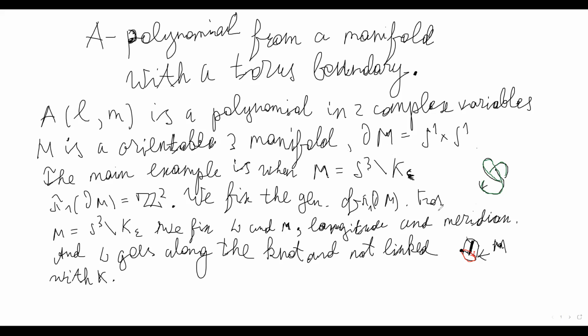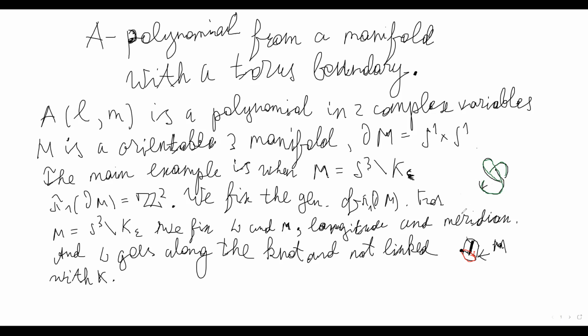And why can we do this when we have a complement to a non-oriented knot? Because we can say, look, the manifold is oriented. Then the boundary is also oriented, because of the external normal. So this boundary torus is also oriented.